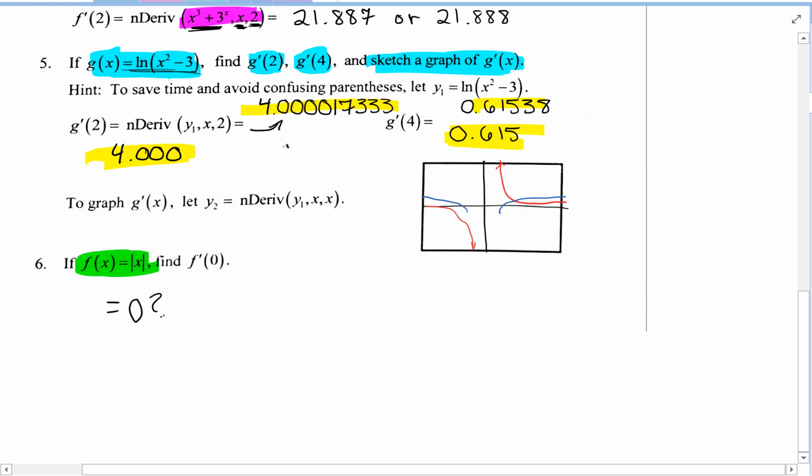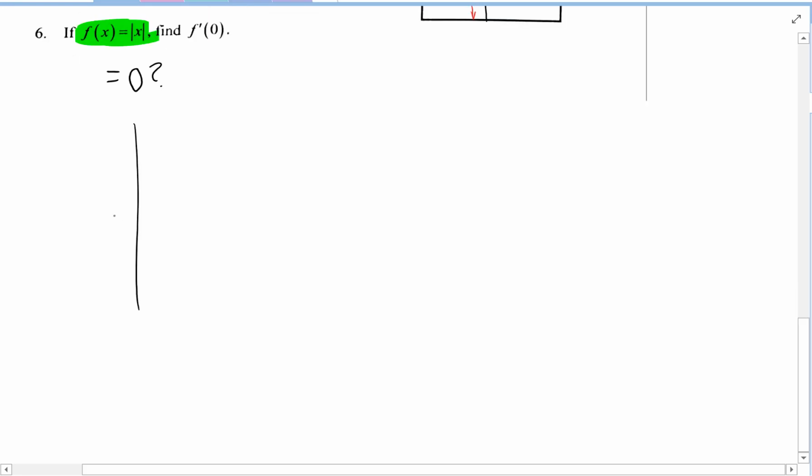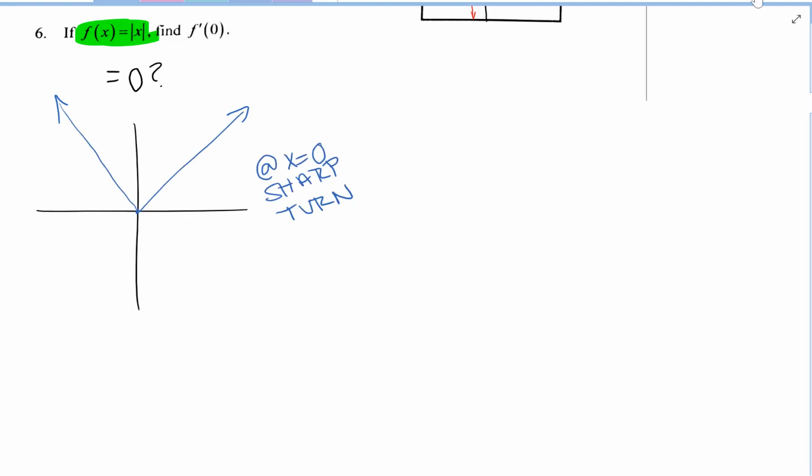Wait, is it though? I actually know what this graph looks like. Absolute value x looks like this. So there's a problem at 0. At x equals 0, you have a sharp turn. The calculator is unable to recognize the sharp turns. That is one of the issues with the programming of the TI.